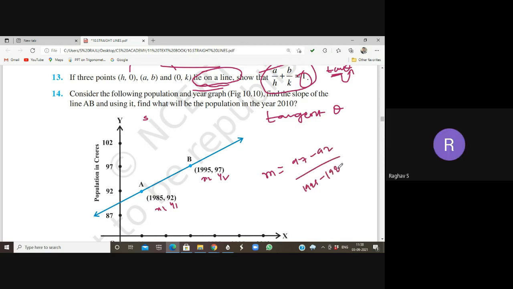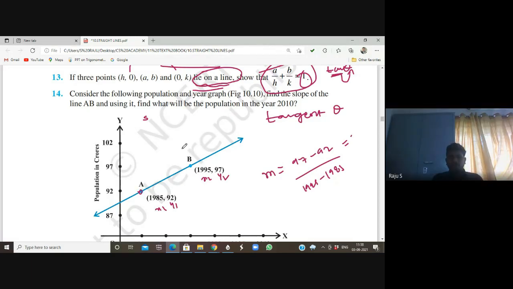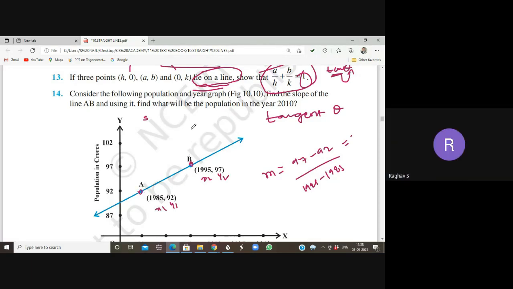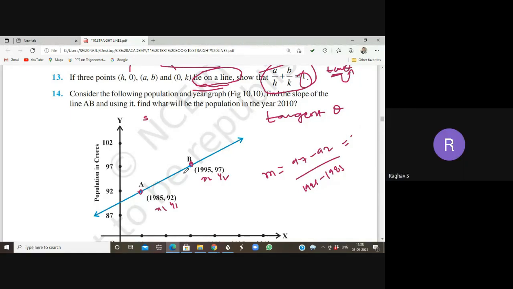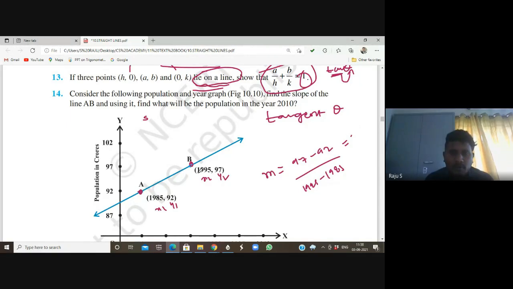So slope equal to, we can consider that B point and the point 2010, y1, sir. If we equate, we'll get the answer. Fine. What is the slope after simplifying this? 1 by 2, sir. When I take the given 2 points on the line, like x1, y1 and x2, y2, these are the 2 points given on the line.